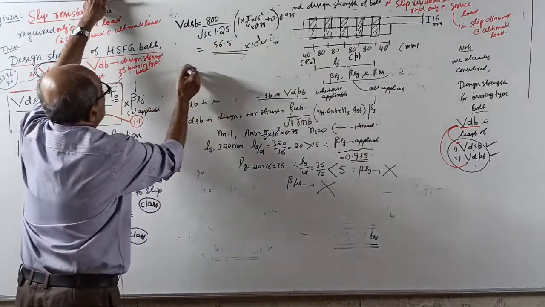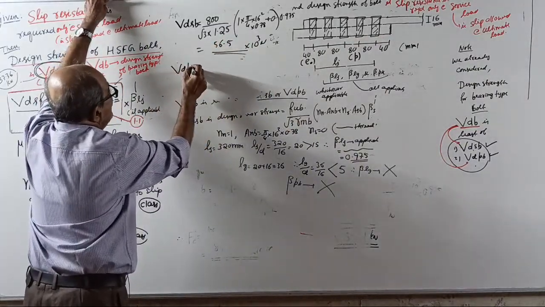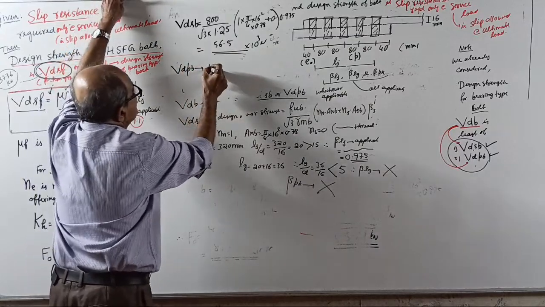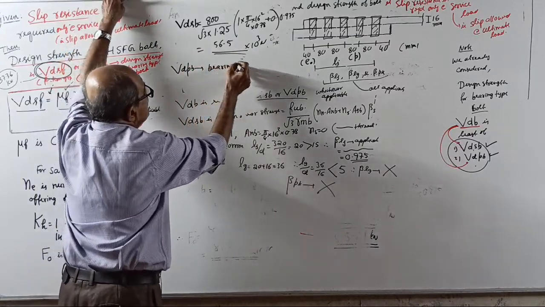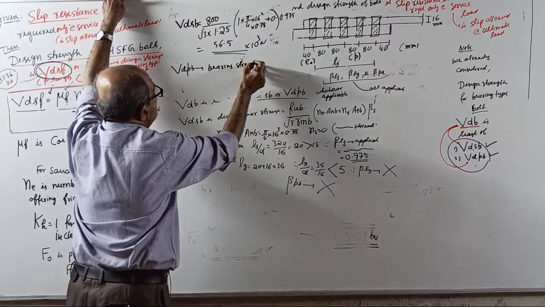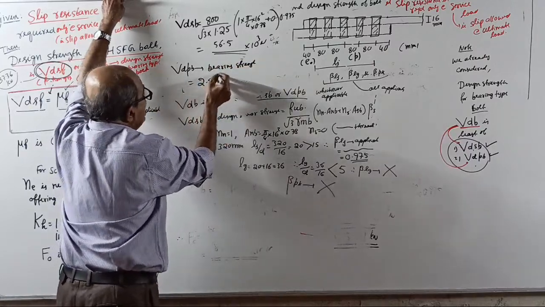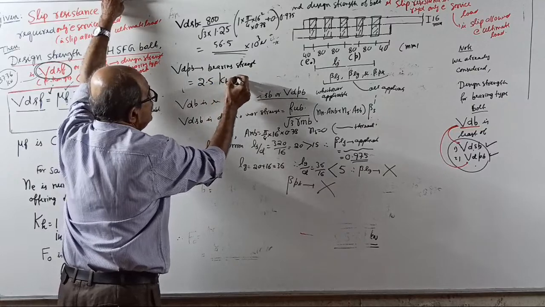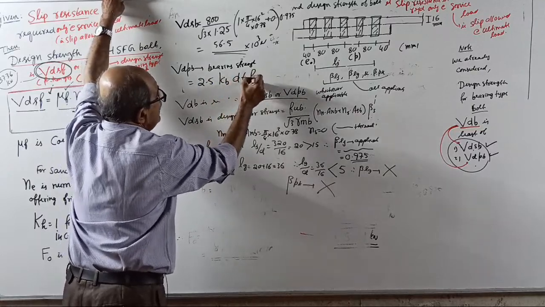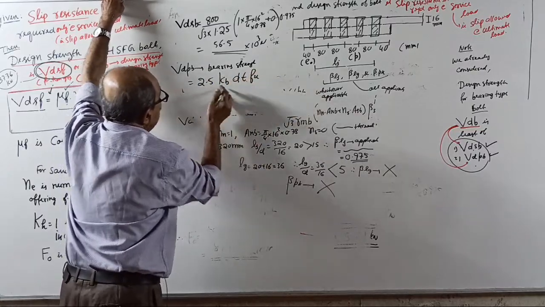Now we require VDPB, that is the design bearing strength. Bearing strength equal to 2.5 KB into D into T into FU, not FUB.